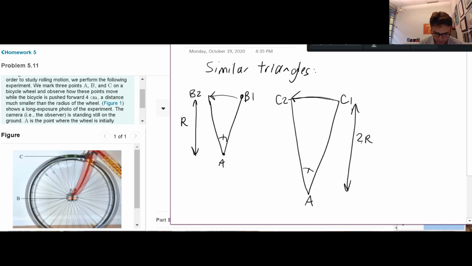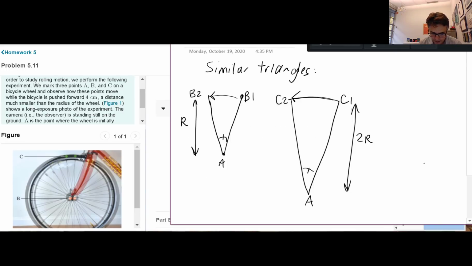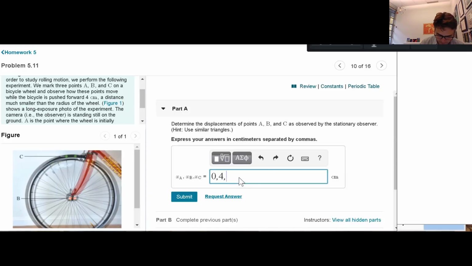This is 2R because it's twice the radius of the whole wheel. So if this is 4 centimeters, here I gotta be more careful, then this will be 8 centimeters.